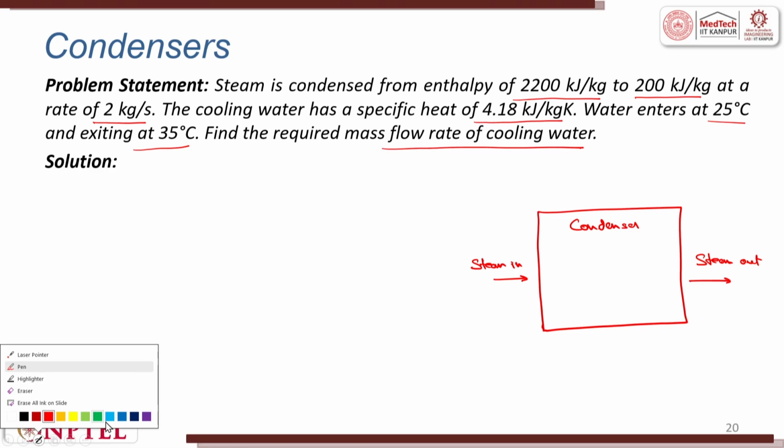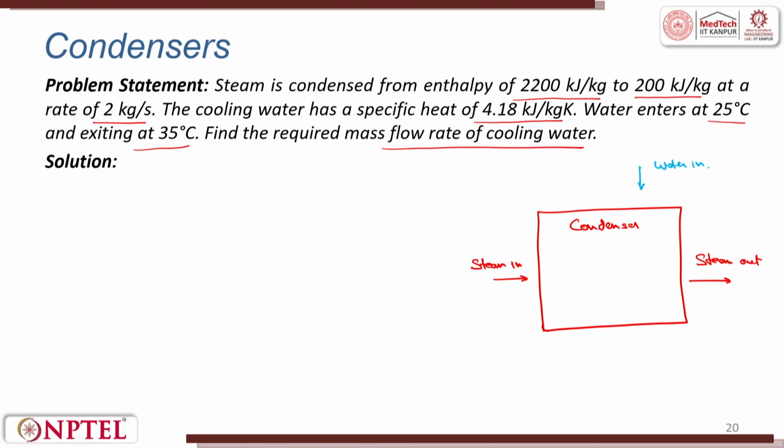We have water in and water out. The temperatures are given. Water enters at 25 degrees centigrade, I will put it as T1 is equal to 25 degrees centigrade, and it exits at 35 degrees centigrade.